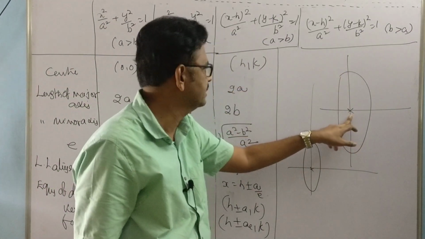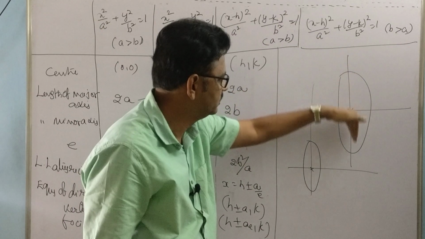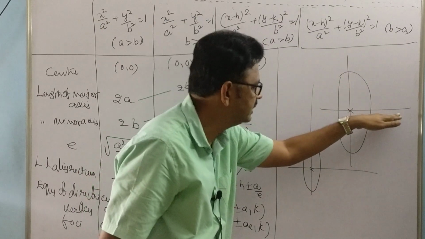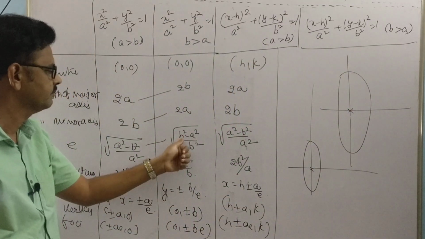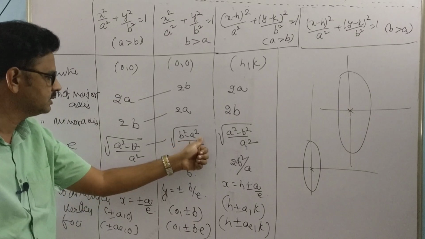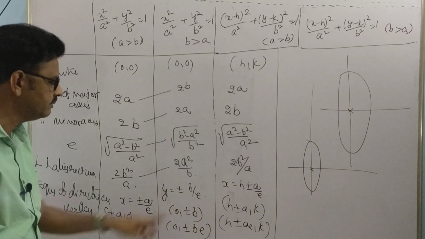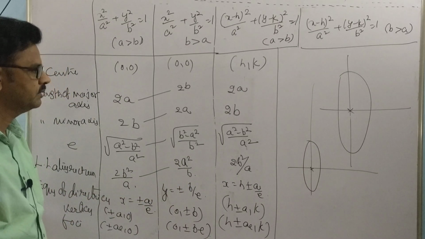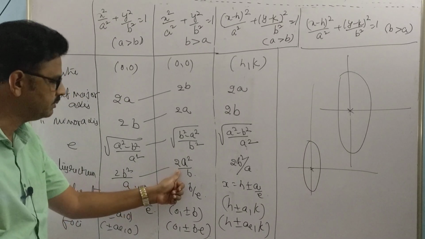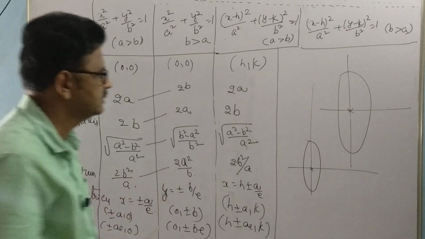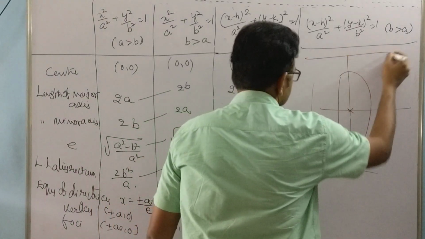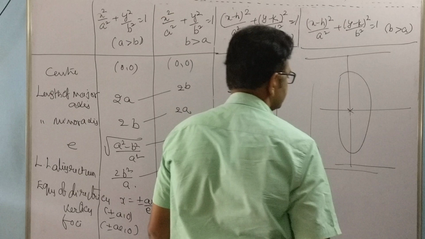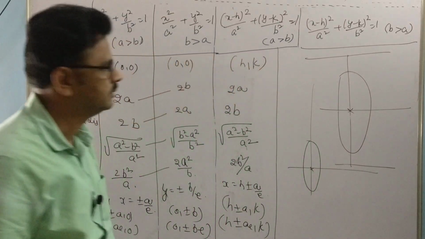Center (h, k). Length of major axis 2b. Minor axis 2a. Eccentricity b square minus a square by b square. Length of latus rectum 2a square by b. Equations of directrices. So these are directrices.